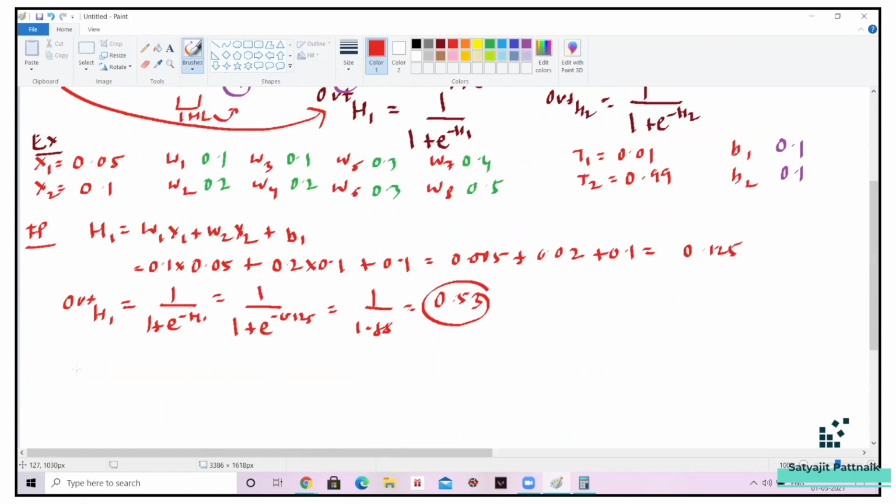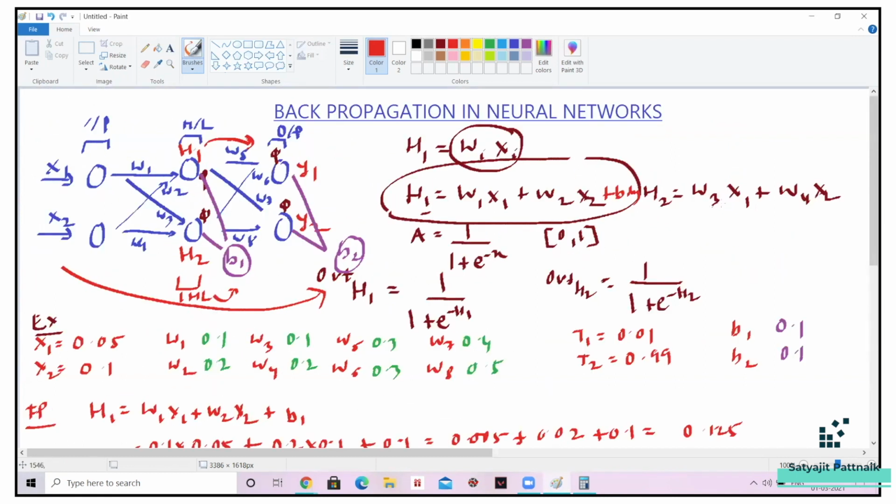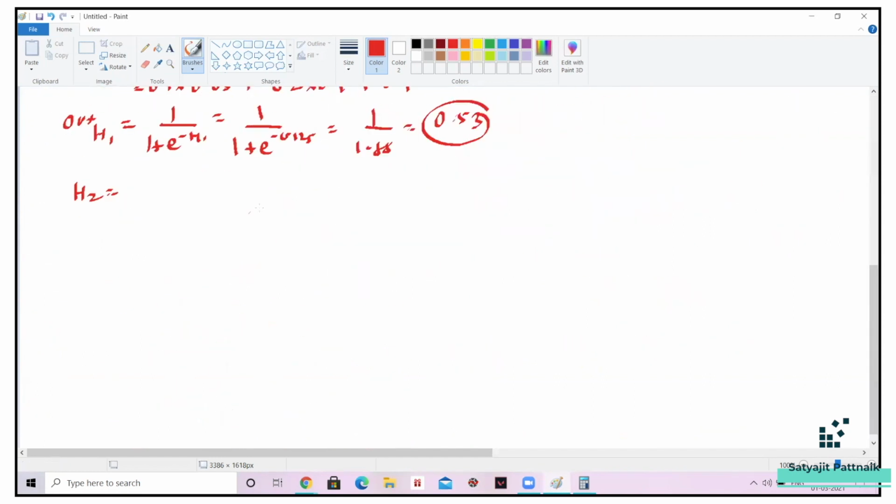Similarly, we will also calculate H2. H2 is nothing but, let's see the formula, W3x1 plus W4x2 plus B2, right? Sorry, B1. B1 is associated with the first hidden layer. So W3x1 plus W4x2 plus B1. What will be the value?